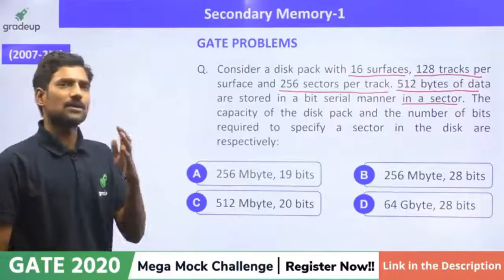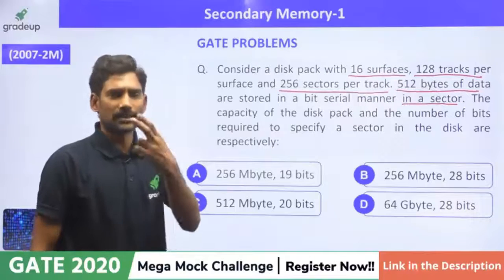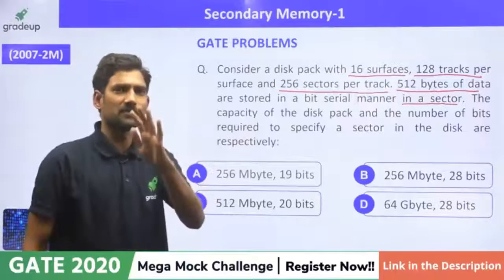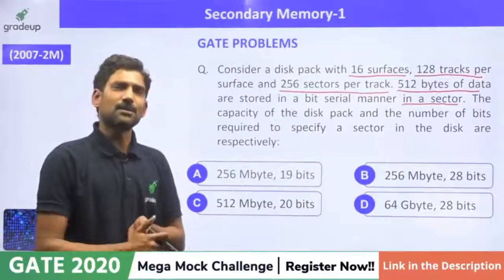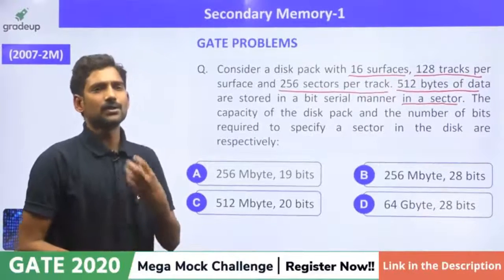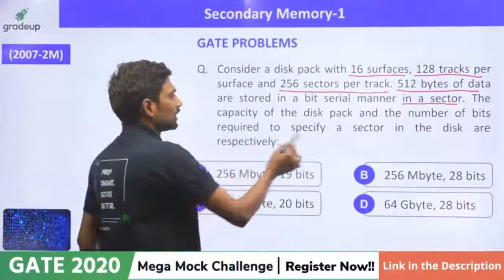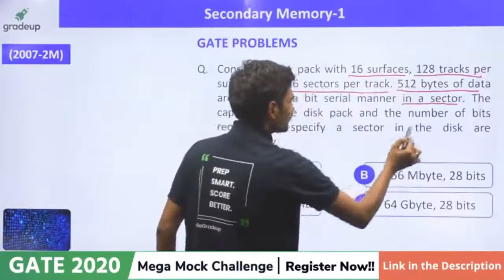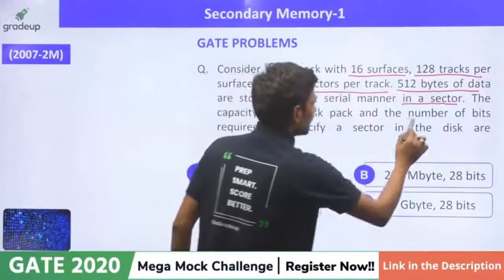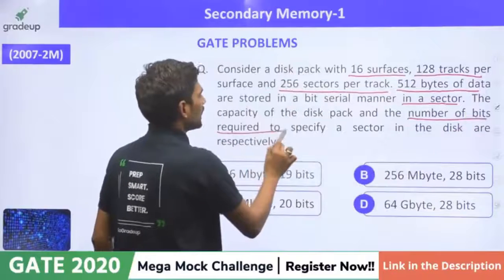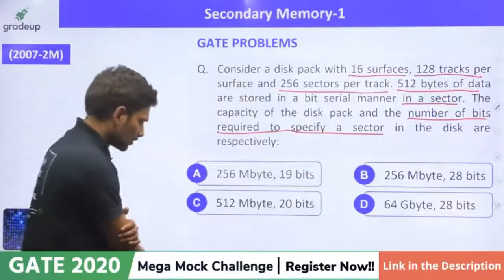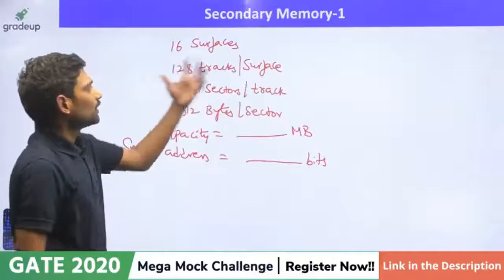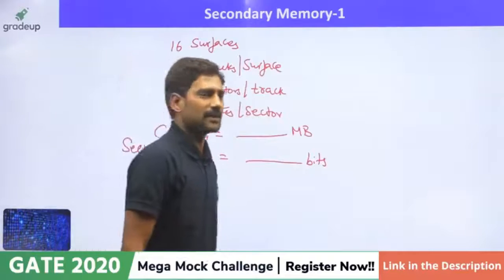So here we are supposed to solve two questions. You should calculate the capacity of the disk pack and you should calculate the number of bits required to specify a sector. So how to calculate the capacity of the disk?